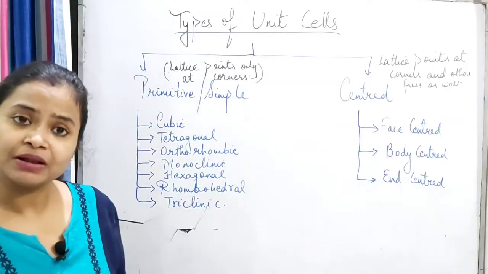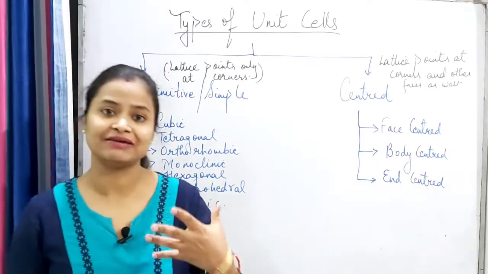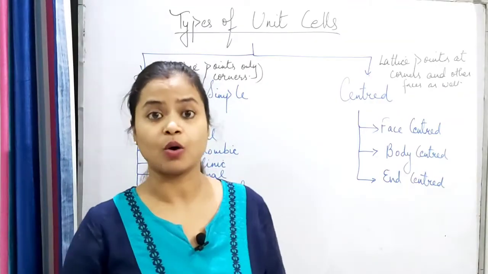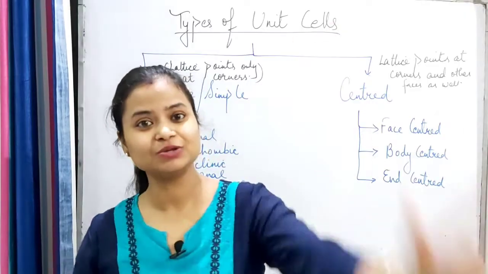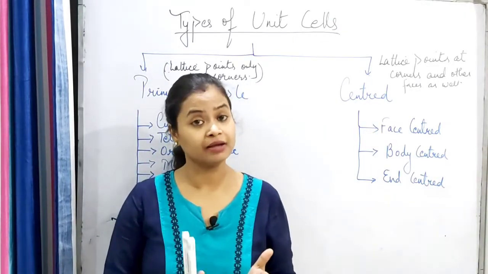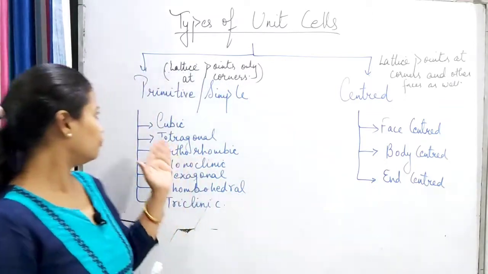Now simple or primitive unit cells are further classified into 7 types. Okay, and these 7 types are on the basis of the parameters of unit cell, which were edge length and the angle between the edges. Is that clear? Okay. So what did I say?